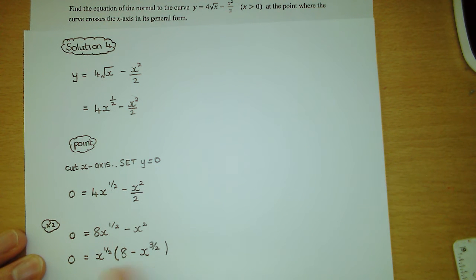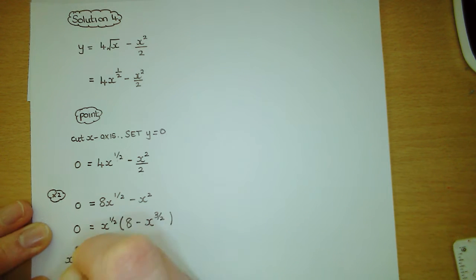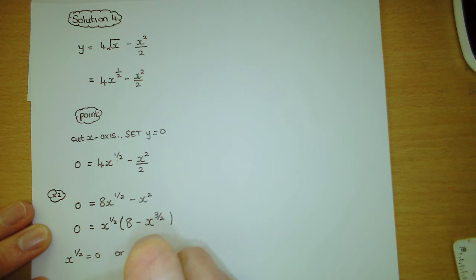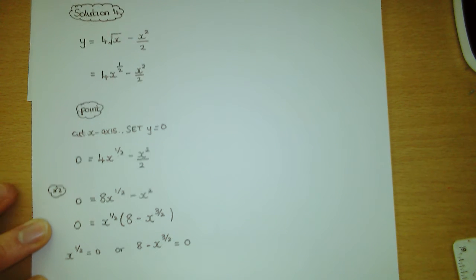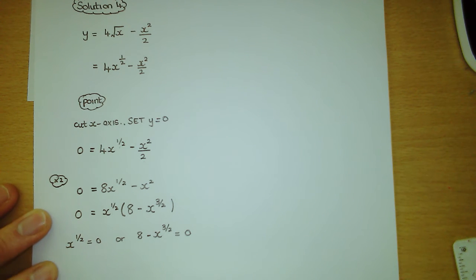We've got a product of 2 things equal to 0, so that means x to the power of a half must equal 0, or 8 minus x to the power of 3 over 2 must equal 0. Now, we're going to try and solve these 2 equations. X to the power of a half equals 0.